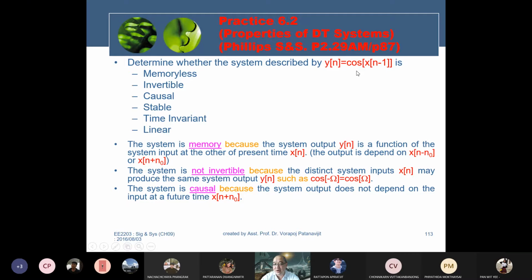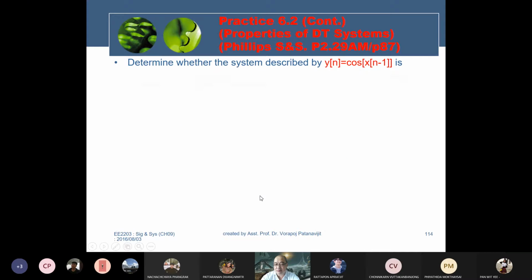If it is already in this form, it means it will be causal, because the output depends on the input from the history or from now. Therefore, you can summarize that the system is causal because the system output does not depend on the system input at the future time.